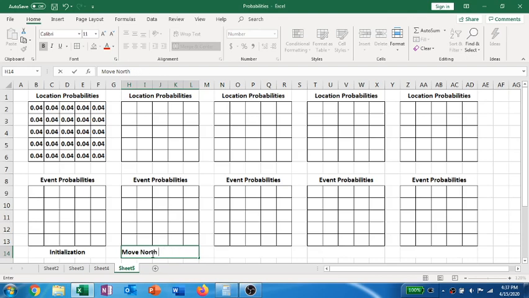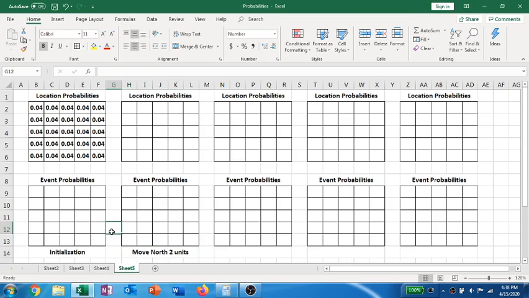Actually, just to really highlight things, let's say it moves north 2 spaces. So it moves north 2 units. So, what does that mean? Or what can we do with that information?